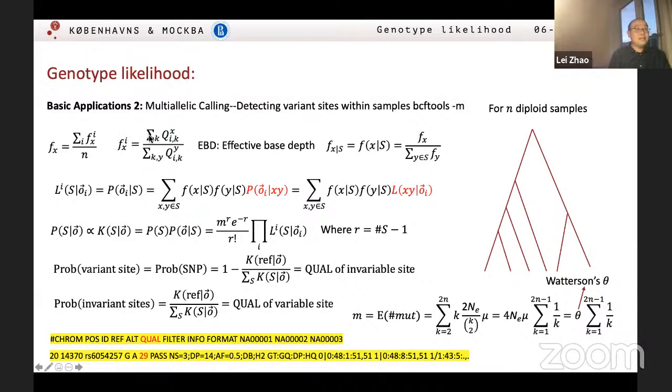And this value is calculated not just by count, but using our base quality score. When you do this, it is called effective base depth. You can treat this as just a singular count. Like suppose I observe A and observe 2 A, and here it is 2.